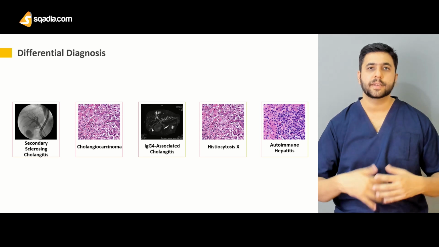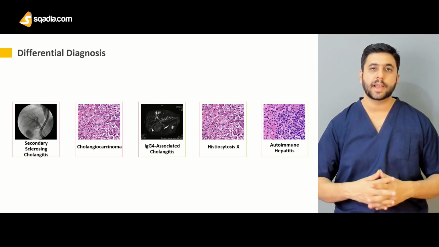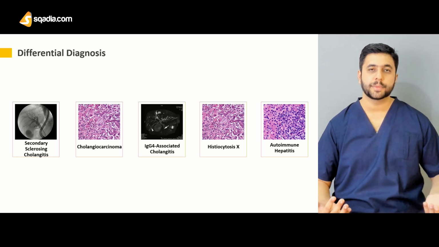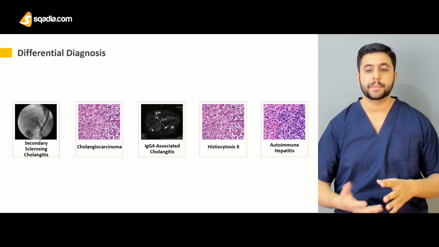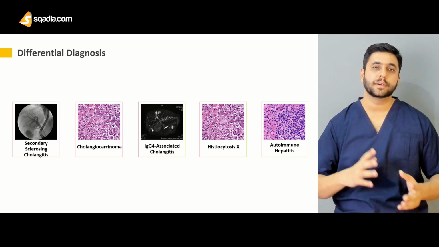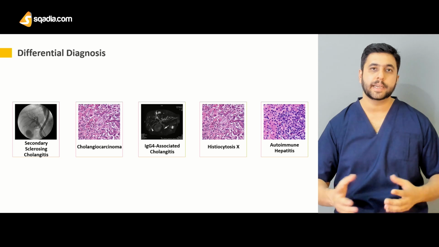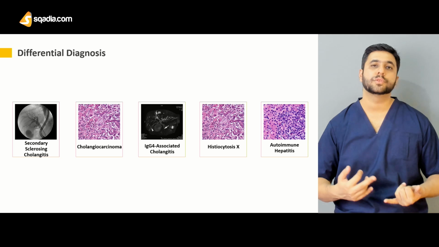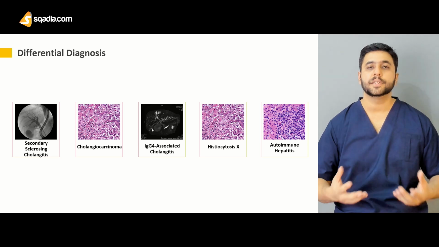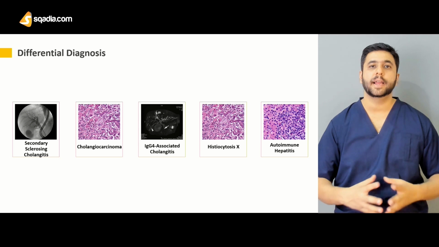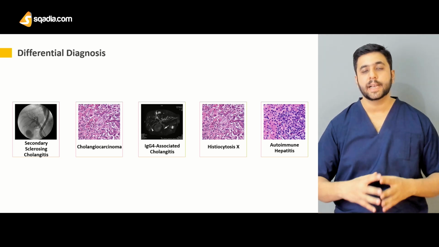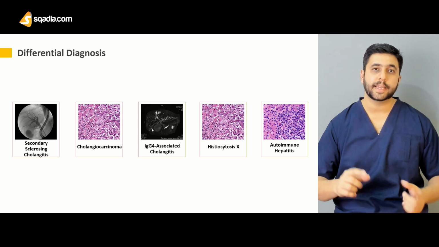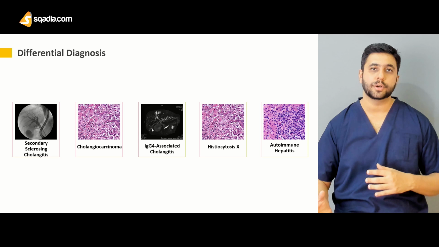Autoimmune hepatitis is when there is inflammation of the liver as a result of certain autoimmune disorders. The way to differentiate autoimmune hepatitis from primary sclerosing cholangitis is that autoimmune hepatitis has certain types of antibody associations: an increased ANA, increased anti-smooth muscle antibodies, anti-liver kidney microsomal antibody, abbreviated as anti-LKM antibody, or anti-liver cytosolic antibodies.